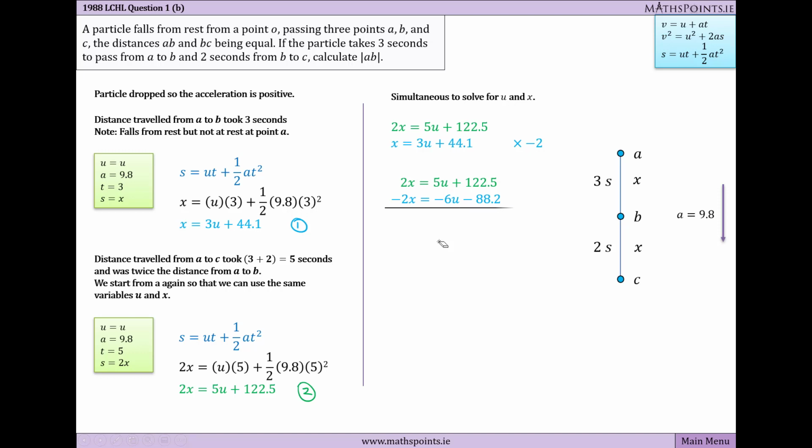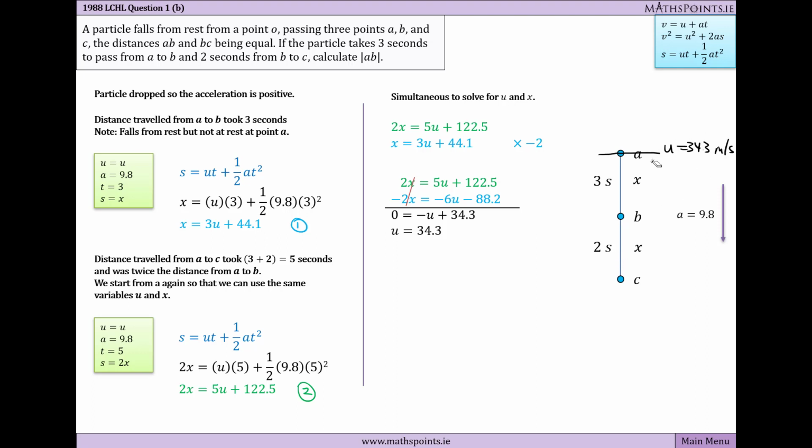I'm going to draw a line underneath and cancel the x's. 5u minus 6u is minus u, and 122.5 minus 88.2 is plus 34.3. I'm going to add a u to both sides to give me that u is equal to 34.3 meters per second. So this initial velocity at point A was 34.3 meters per second.